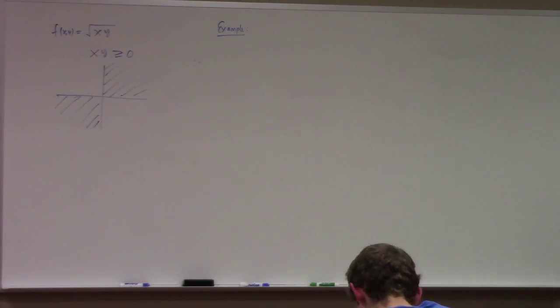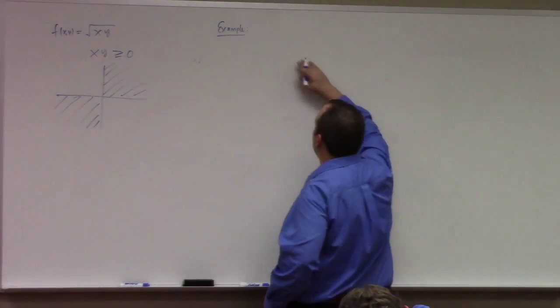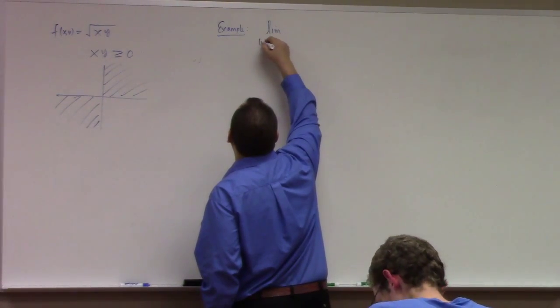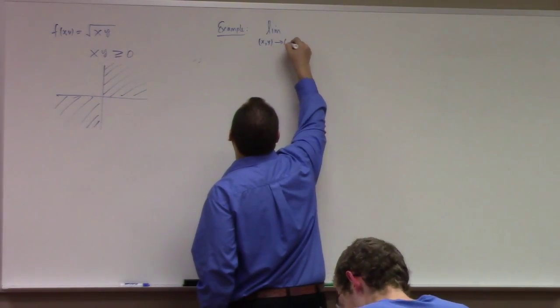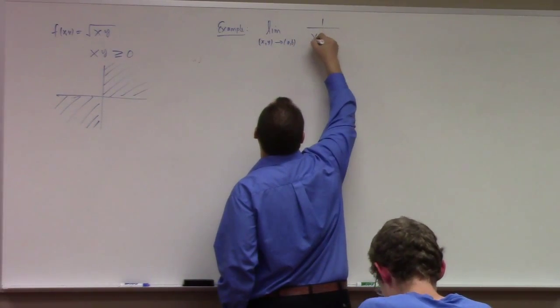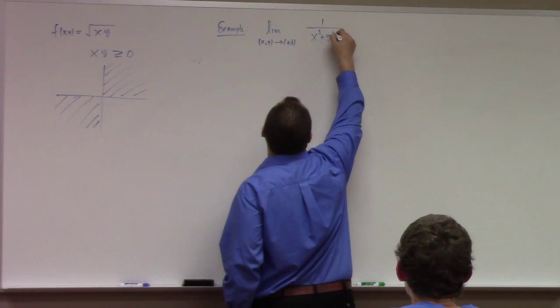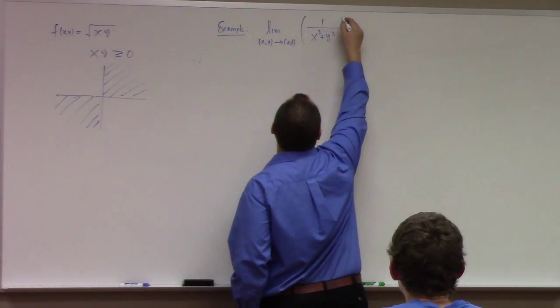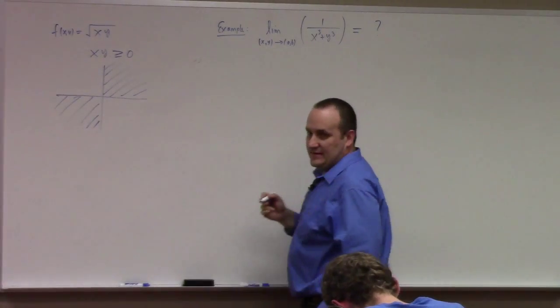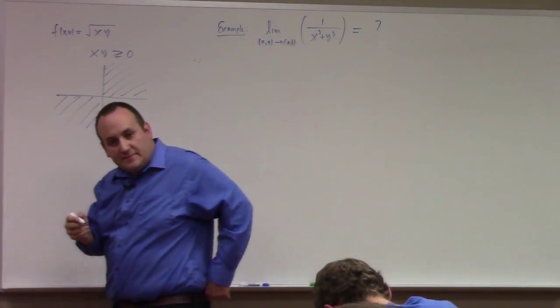So let's see here. I'm just going to focus on the difficult part. Let's talk about the limit as (x, y) approaches (a, b). So I'm going to do a very related problem. x cubed plus y cubed. All right, it's very, very related, right? So when does this limit exist? When does it not exist, right? That's the question.